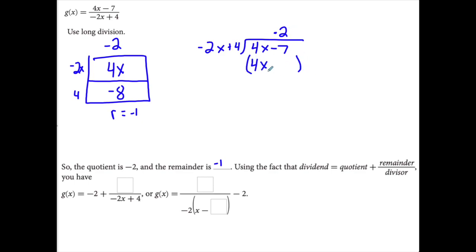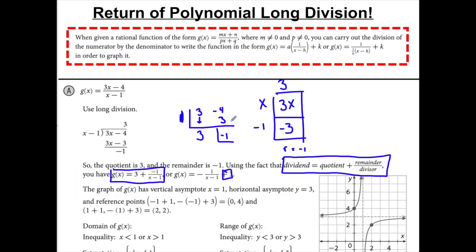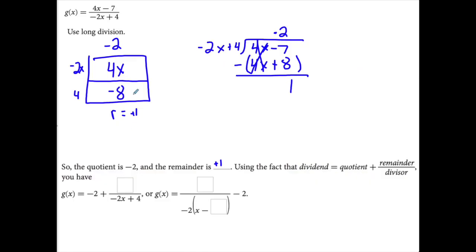Negative 2 times 4 is minus 8. And then these cancel, and negative 7 minus negative 8 is positive 1. So this should actually be a positive 1. So easy to get those things mixed up. See, this one had to be a negative 1 because we need to drop it down to 4. This one needs to be a positive 1 because we need to put it up to 7.